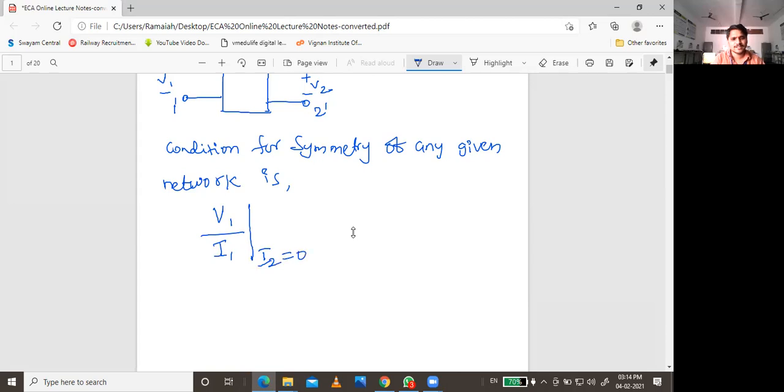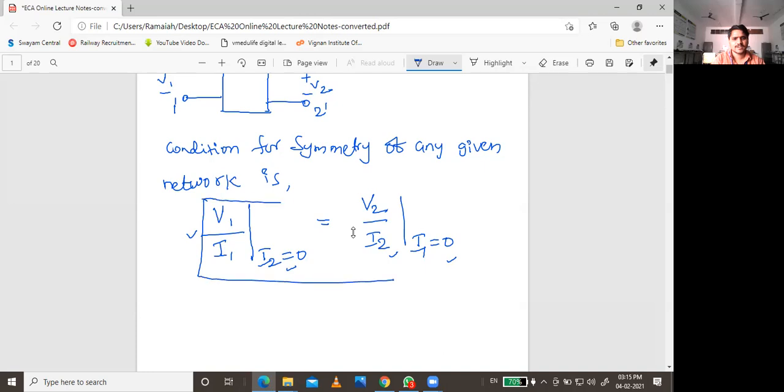That means the input impedance seen from the input side at port 1 must be equal to the impedance seen from the output, that is V2 by I2, when the other port is open circuit, that is current is 0. That is, the impedance from one port when the other port current is 0 is equal to the impedance from the other port when the first port current is 0. So when this is equal, then the network is said to be symmetrical.